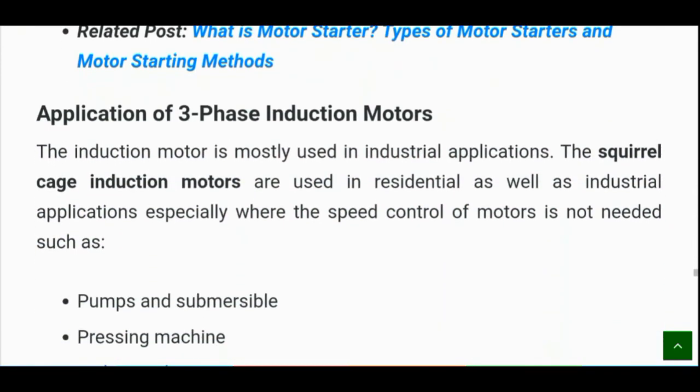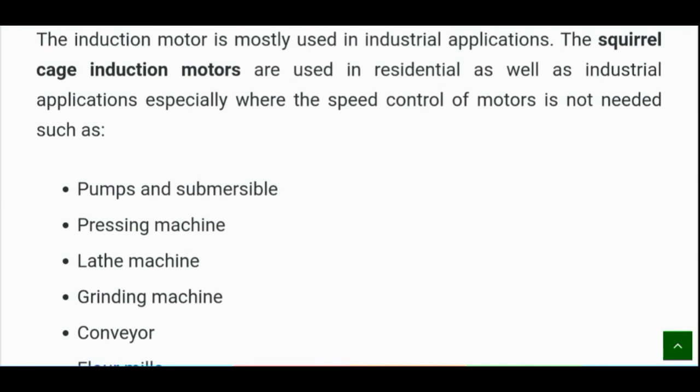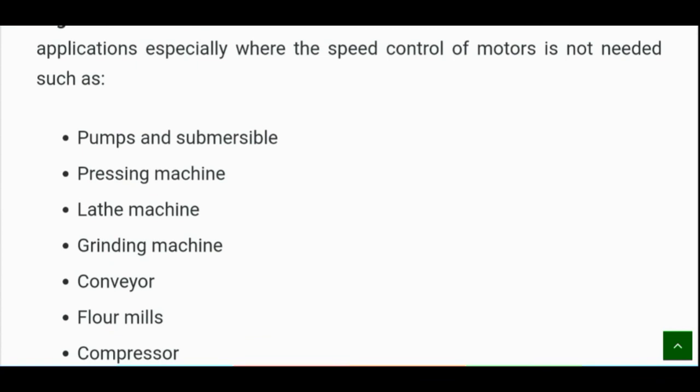Applications of three-phase induction motors. So here are the applications. The induction motor is mostly used in industrial applications, especially where speed control of the motor is needed, such as pumps and submersibles. Submersibles, as you have in your home, are used for drawing water.